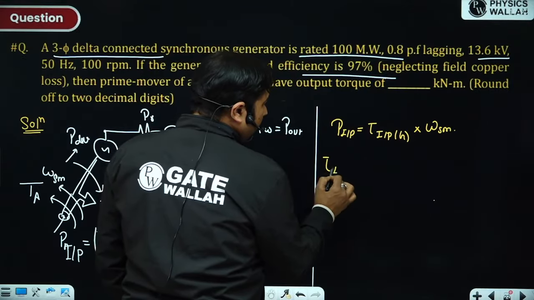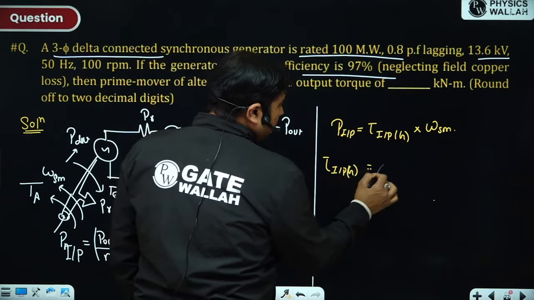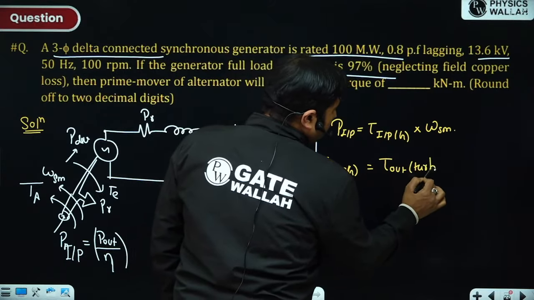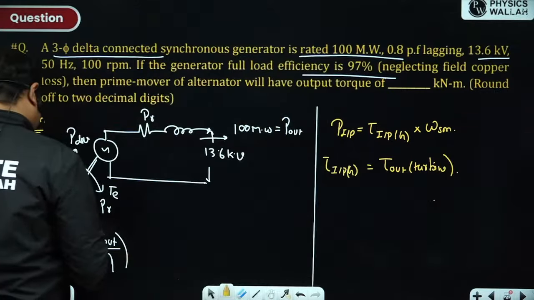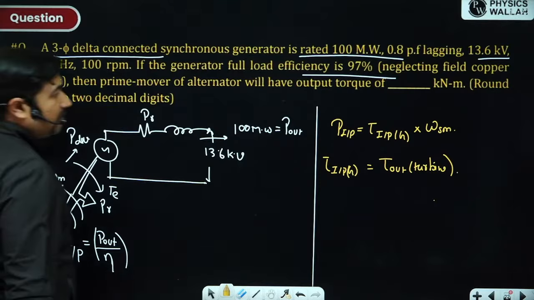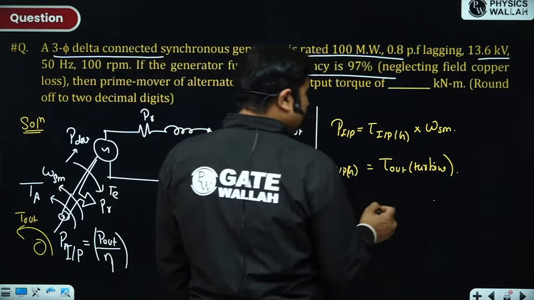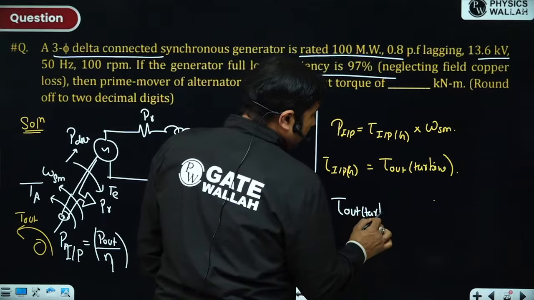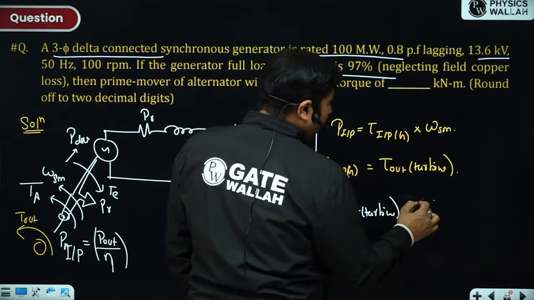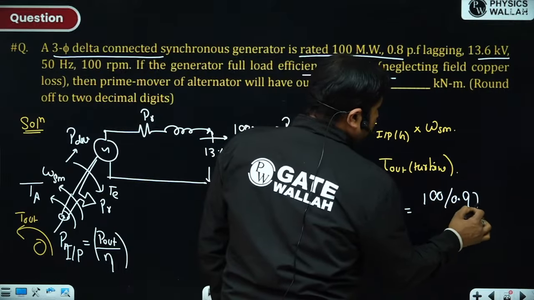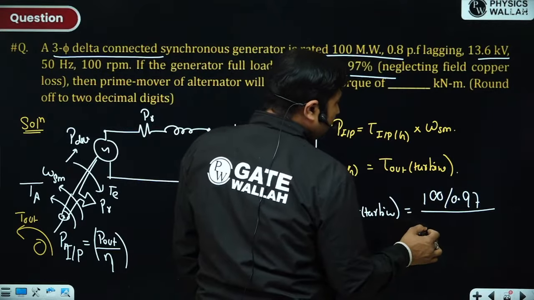And torque input to generator is the torque supplied by the turbine. So the turbine output torque is basically the input torque or applied torque to the generator. So output torque of the turbine is equal to input power, 100 megawatt by 0.97, the input power to the generator.